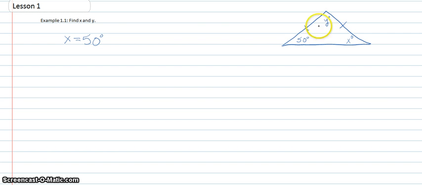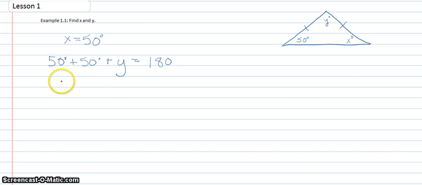Now we still need to find what the degree of y is. So what we're going to do is use the idea that when we add all the angles in a triangle, it will give us 180 degrees. So I'm going to add 50 from the given angle here, and I'm going to add another 50 degrees from my x value, and we're going to say plus y because we don't know what that is yet, and set that equal to 180.